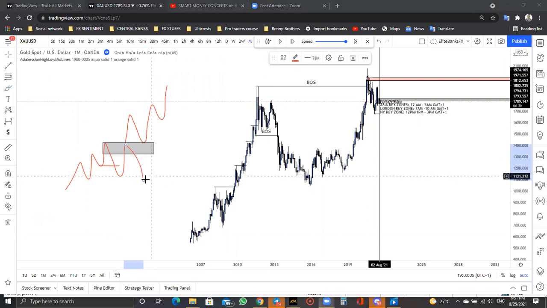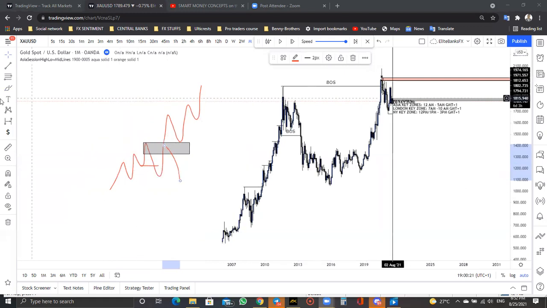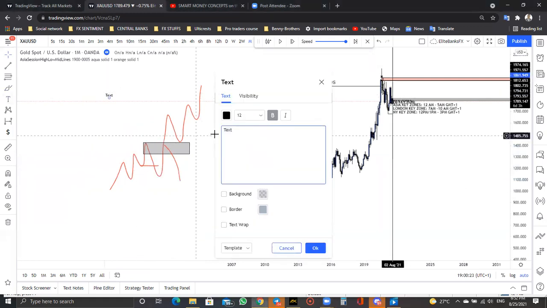So as I was saying, now that we have this, you should ask yourself, why do we have this? Is it momentum to the downside, or was it just a liquidity grab? That took me to another point: liquidity grab.